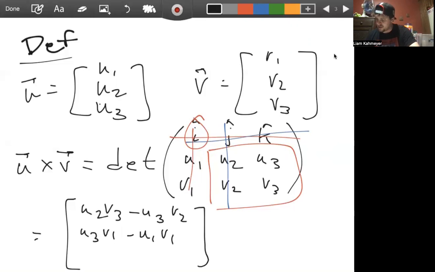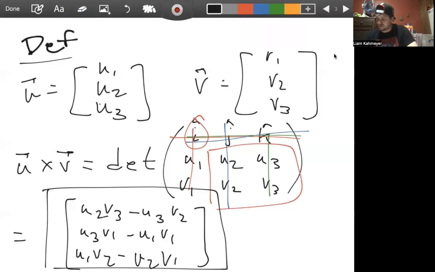And then for the final component, we would block out k hat, and then we would have u1 v2 minus u2 v1. And so this will be the vector u cross v.